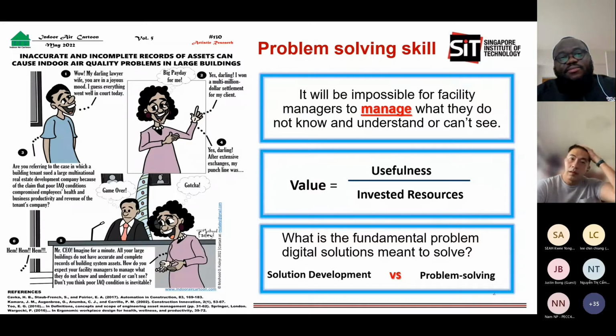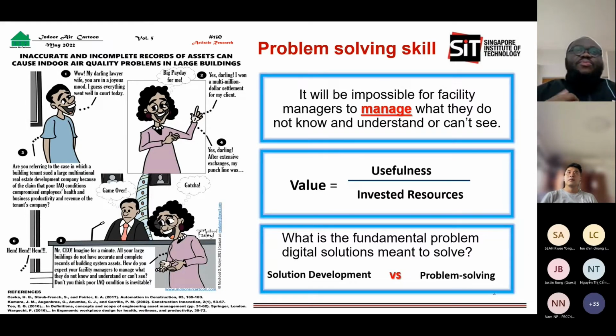But for this to happen, it has to start from the beginning, from the design and construction stages. Let me focus on the construction stage, for example. If from the construction stage, the documentation of all the assets and the generation of information about these assets are not properly documented and delivered to the facility manager, problems will start.